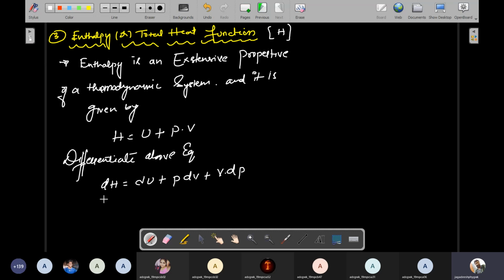Finally we will get dH = dU + P·dV + V·dP. This is equation 1. Now substitute dU from the first and second laws.